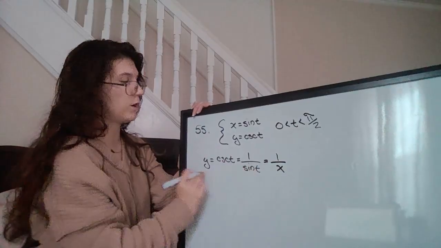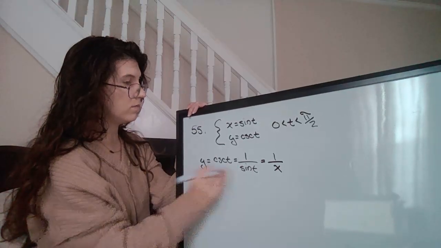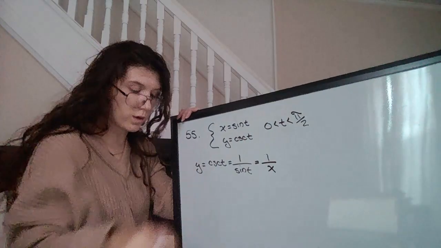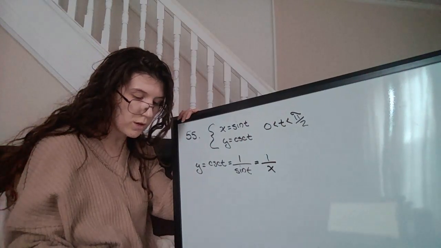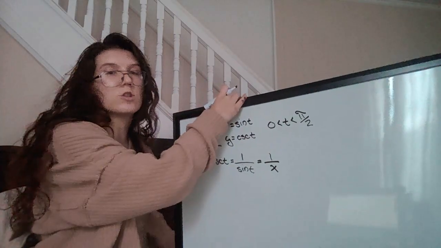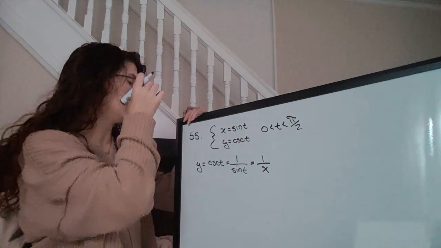So I can very simply convert this to y equals 1 over x, in the standard form that we would expect these equations to be written in. Sound good? All right, so it says sketch the curve and indicate with an arrow the direction in which the curve is traced as t increases.